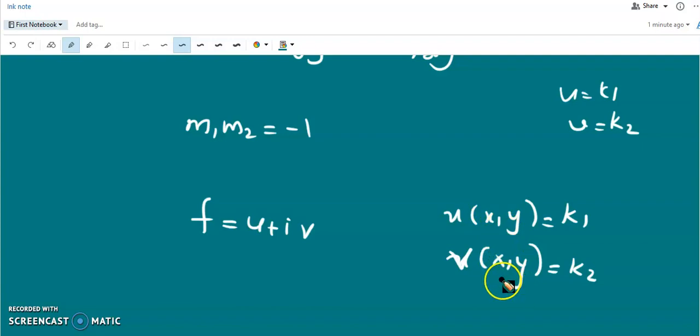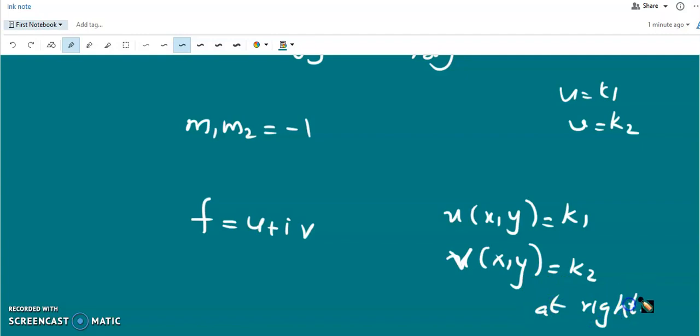That means if u plus iv is an analytic function, the one family of curves u of xy equal to k1 must intersect the other family of curves v of xy equal to k2 at right angles.